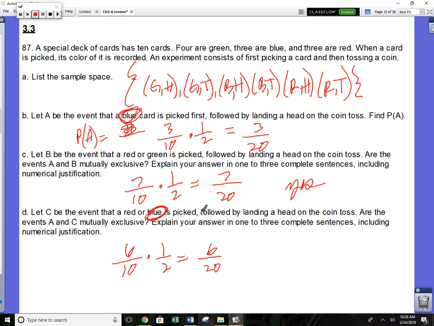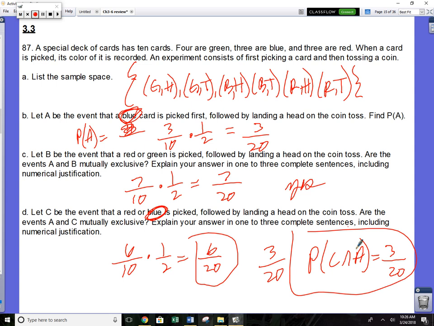The probability that C intersects with A is 3 out of 20, because 3 of those 20 are blue. The other 3 are red. These cannot be mutually exclusive because there is an intersection.